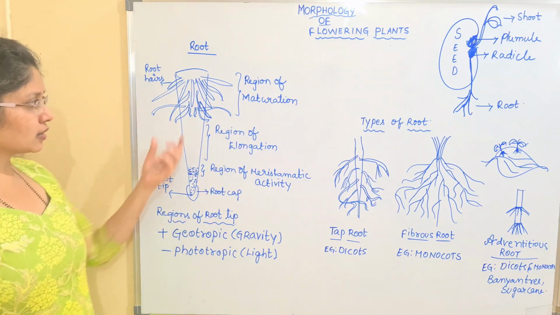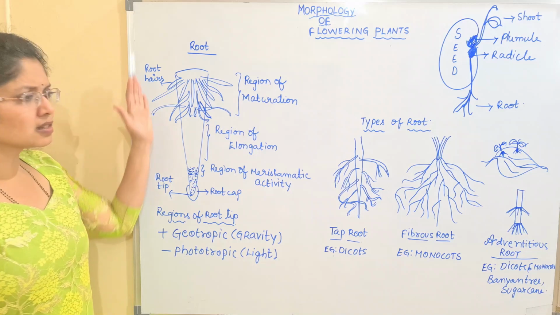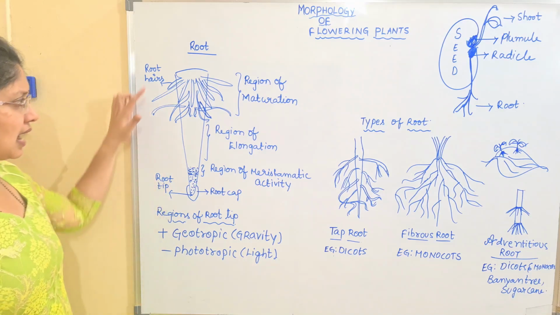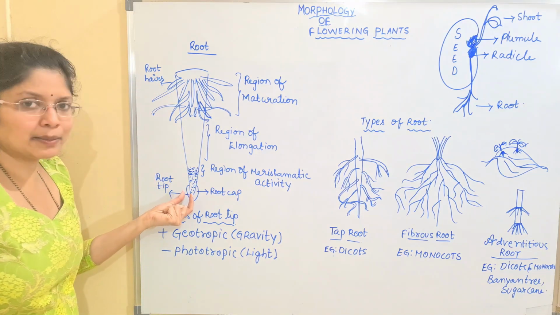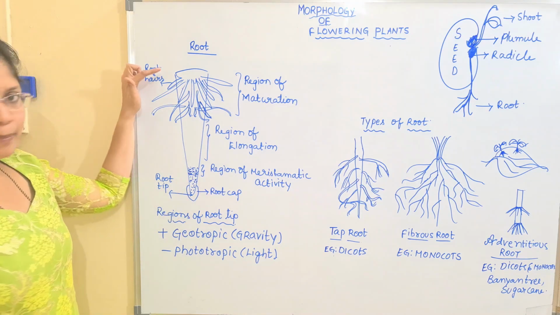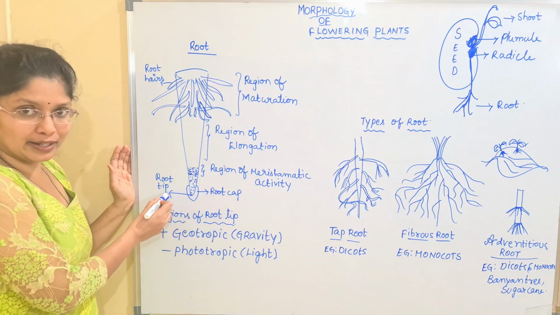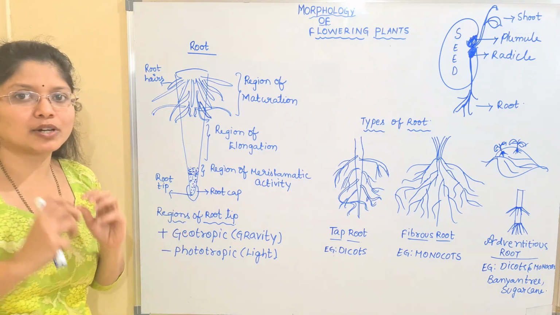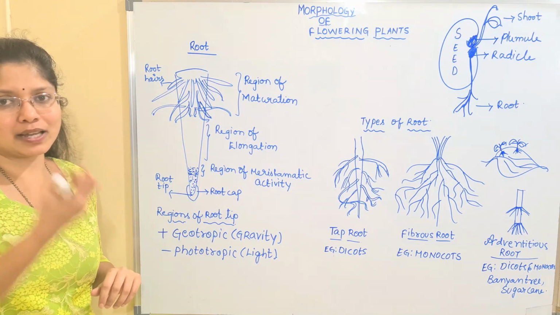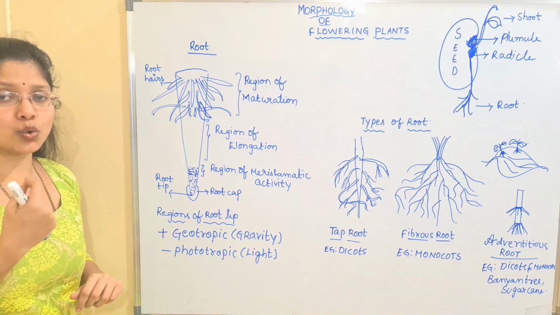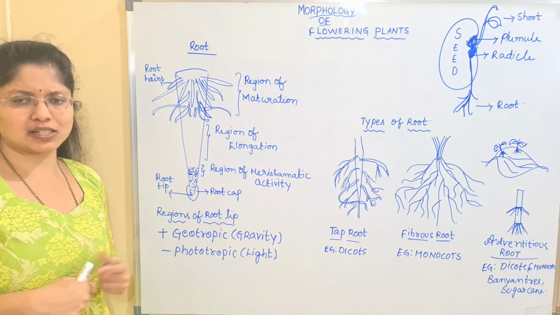So let us see the structure here. This is the complete root structure, this is the tip of the root, and this is the apex of the root. If you observe, this root tip is protected by a cap-like structure known as the root cap. Why is the protection required?